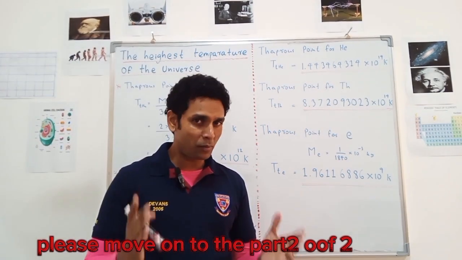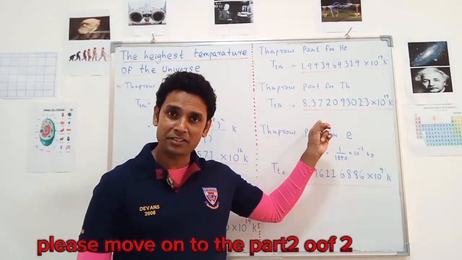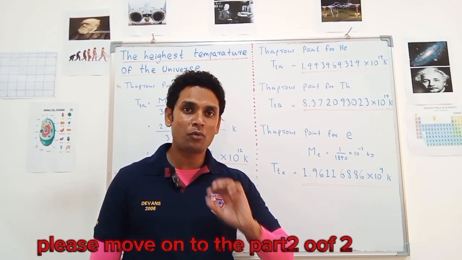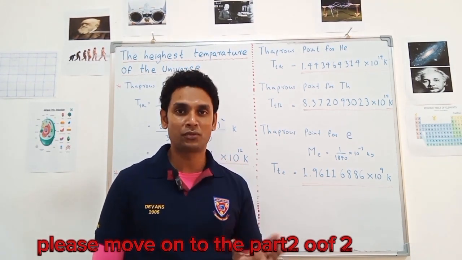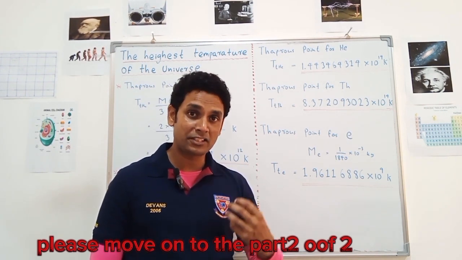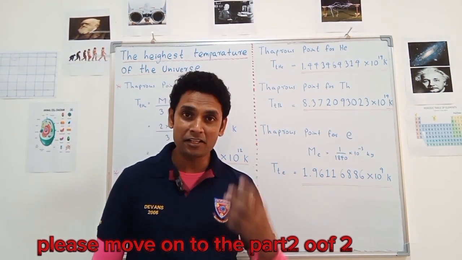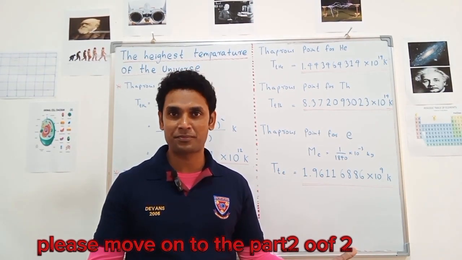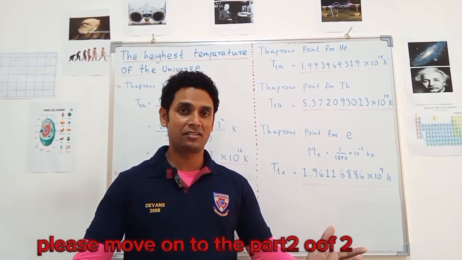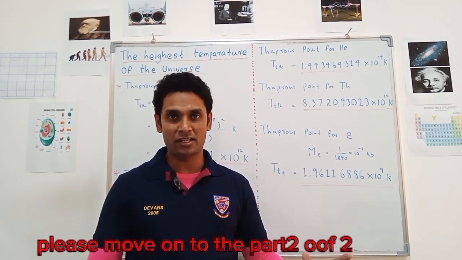But we have a problem. At these high temperatures, will the atoms or molecules still behave as atoms or molecules? We assume the atoms and molecules will be disintegrated at these high temperatures, so after disintegration there will be only subatomic particles.